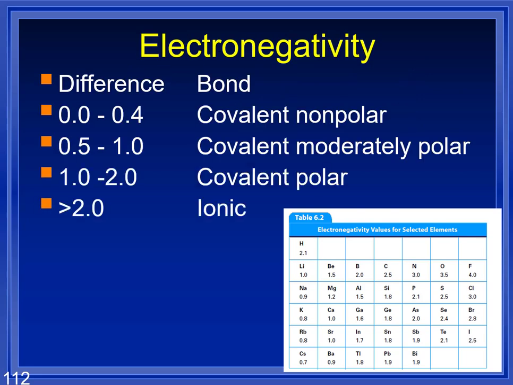There's our limits. We just got 1.9. It is really polar, on the edge of being ionic. They're not sharing fairly at all. Because we've got fluorine, the one that pulls hardest on electrons, with hydrogen that doesn't pull back very much. So the electrons are going to be pulled towards that fluorine. Okay, so it's really polar.